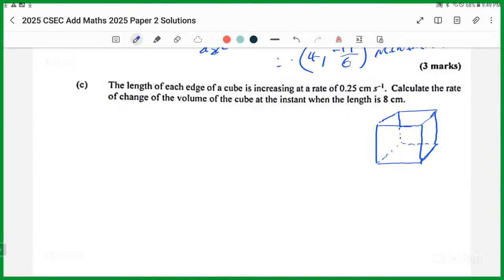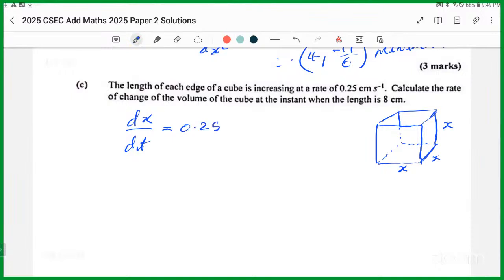All right, I want to make the length of the cube x. It's x all around, right? So that is the rate of change. Basically, it means that dx by dt, the rate of change of the length in time, where x is the length, is 0.25.